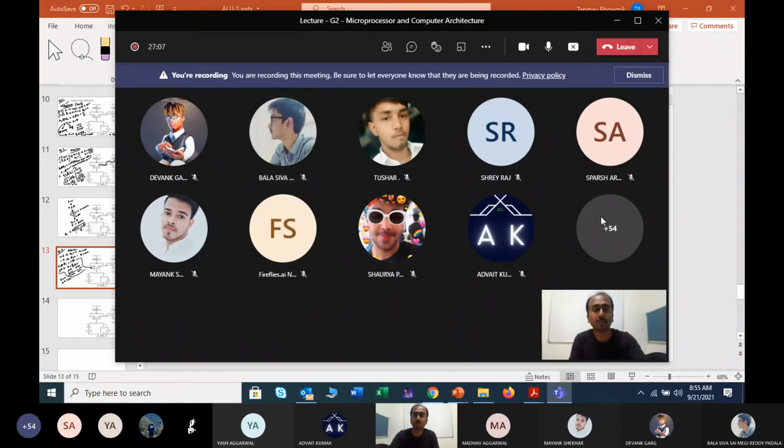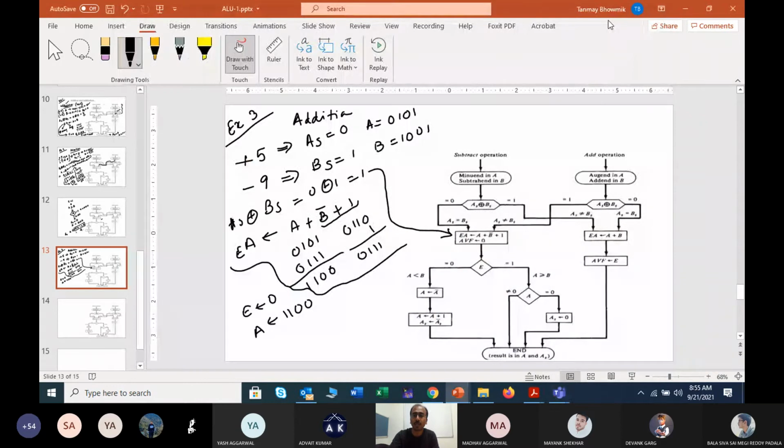Okay, so then in the next step what will we check? In the next step we will check that right now your E is 0, your A is 1 1 0 0. That means you are again checking your E, and you are observing that your E is 0.